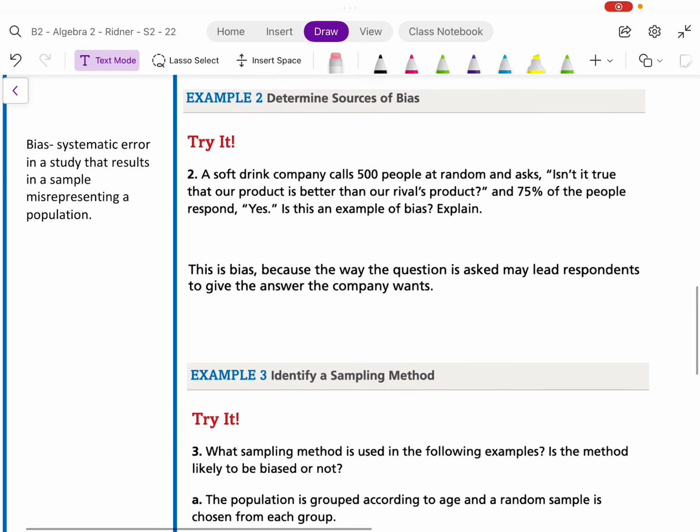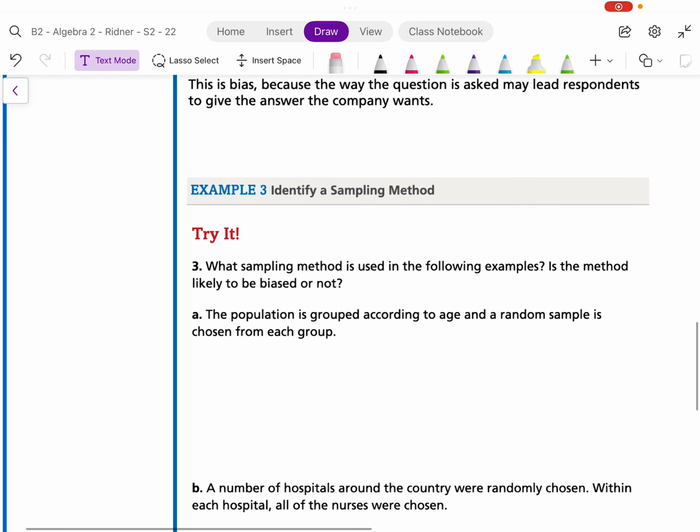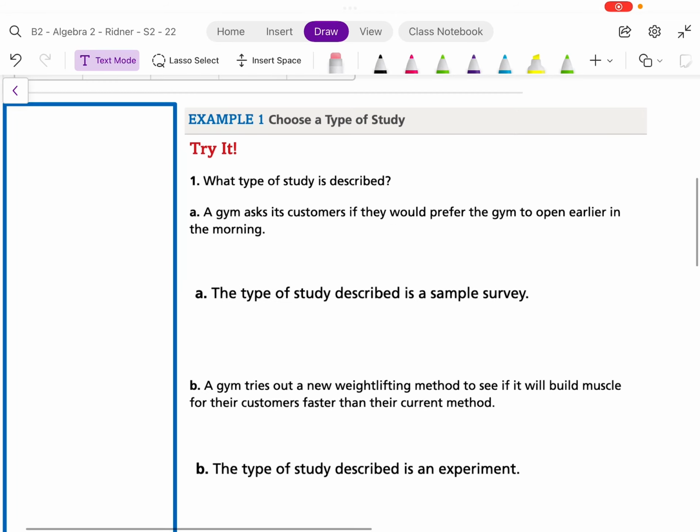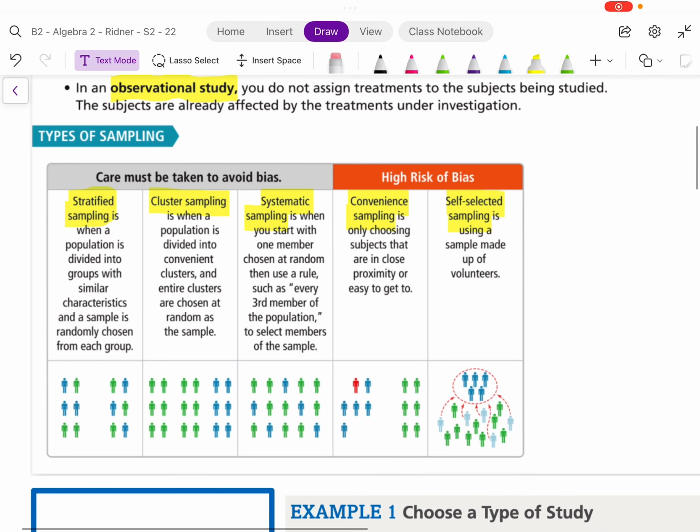All right. And last is our sampling method. So we're going to look at some examples and try to determine which sampling method it is. So I'm going to scroll back to the top here and look at our paper here. There's stratified sampling, which is when a population is divided into groups with similar characteristics and a sample is randomly chosen from each group.